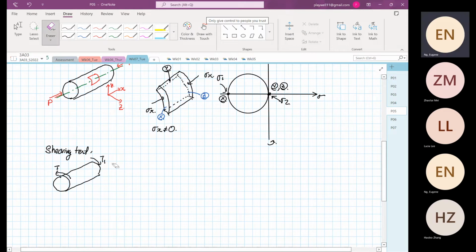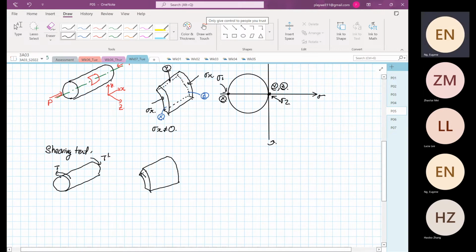Okay, T and T prime, not T1. Okay, T and T prime. So now what do we see? Okay, so in terms of stresses, the shear stress will go in this direction. Okay, that is our shear stress direction.